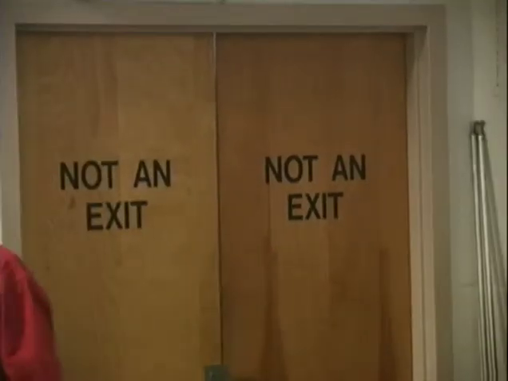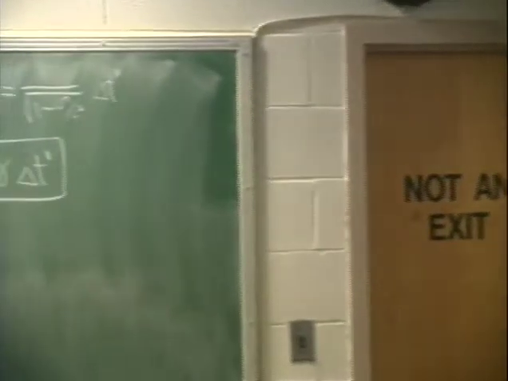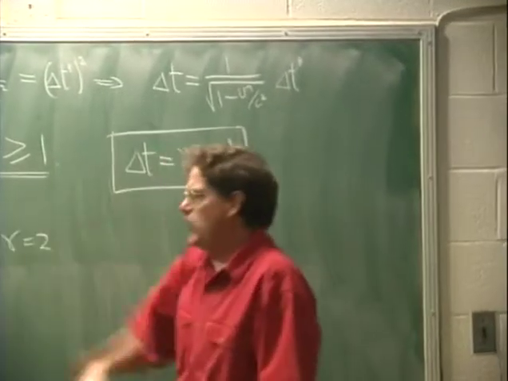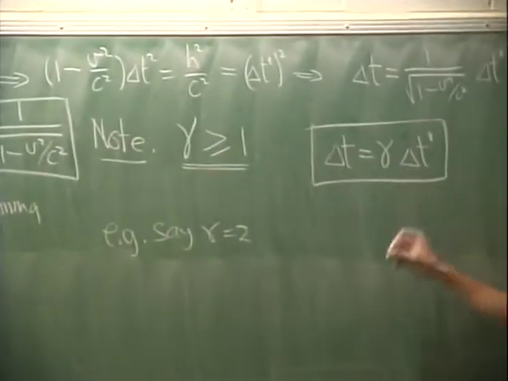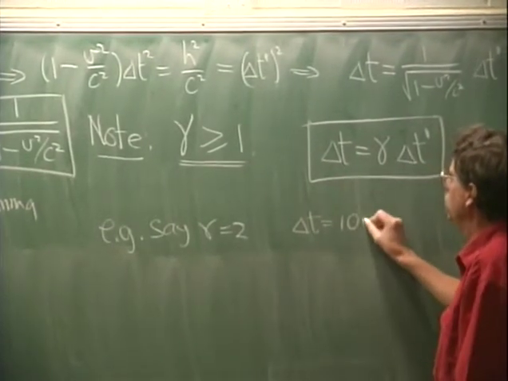Let's think what this means. Suppose, for example, knowing that gamma is larger than 1, let's take an easy number. Suppose that gamma was 2. I don't know what v would produce 2, but there's some velocity that would produce a gamma of 2. And let's say delta t is equal to 10 minutes.